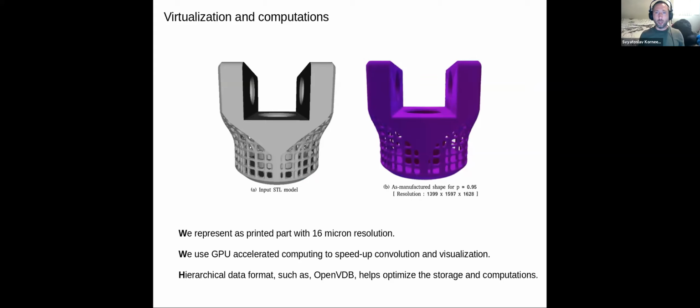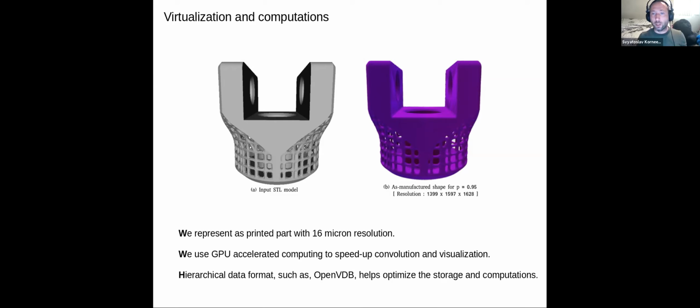There are a lot of challenges in calculating convolution for a big part, because if your part is, let's say, a few thousand cubed voxels, it gets computationally heavy, although it's a few orders of magnitude faster than a multiphysics and surrogate model.